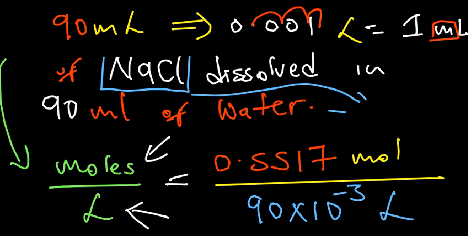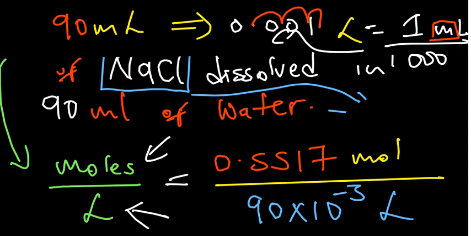Some of you understand that mathematically: it's the same as 1 times 10 to the power negative 3 in liters. The other way, for those who don't understand mathematics: if you have 1 milliliter, to take it back to the original measure, you just divide by 1,000. Dividing by 1,000 is the same as multiplying by 10 to the power negative 3.